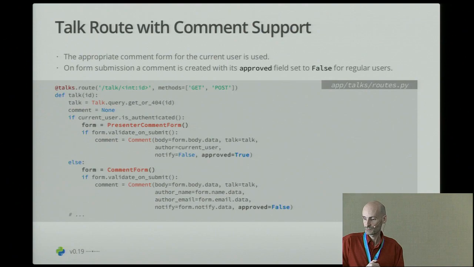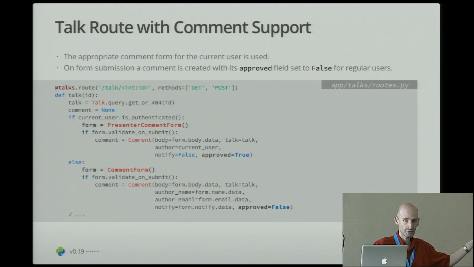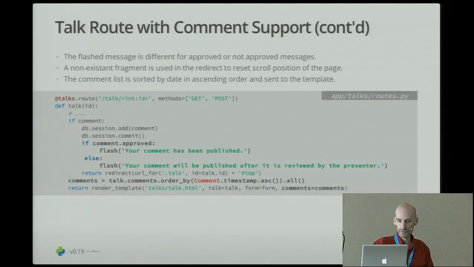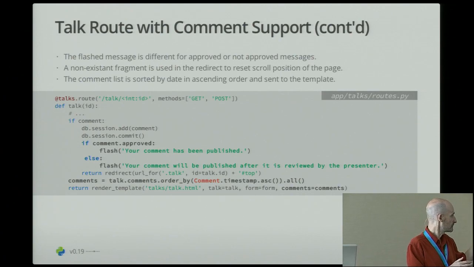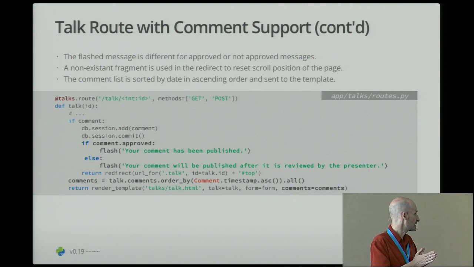Okay. So now I created a comment which could be created in two different ways, but the second part of this function gets the comment regardless. So if comment is set, that means that I have to write that comment to the database. So I go ahead and write it, and I show a customized Flash message depending on whether the comment was approved or not.